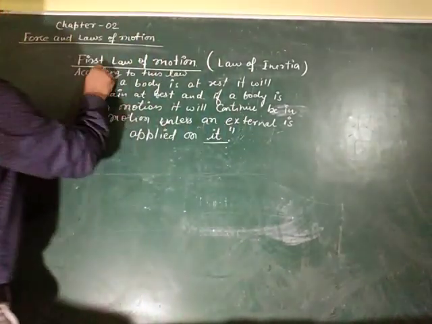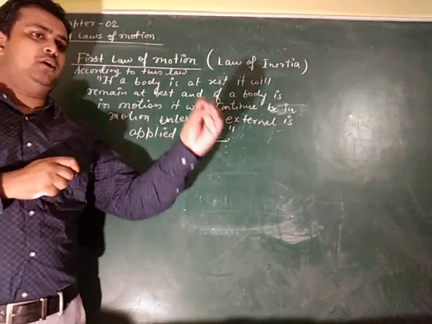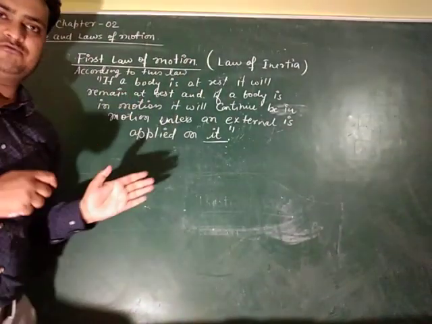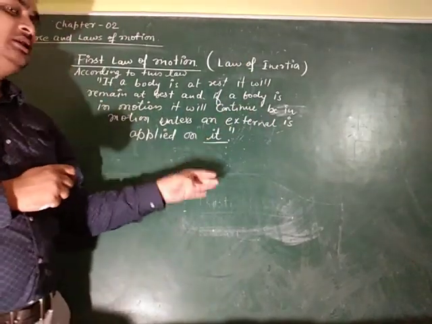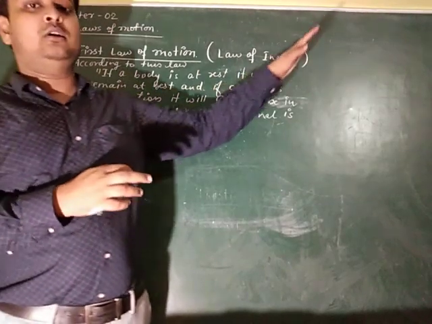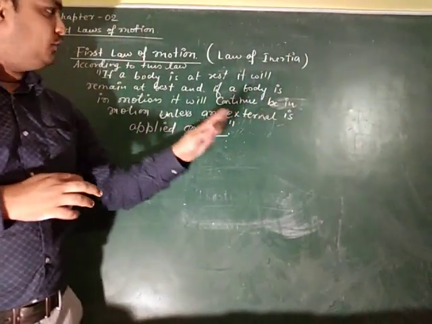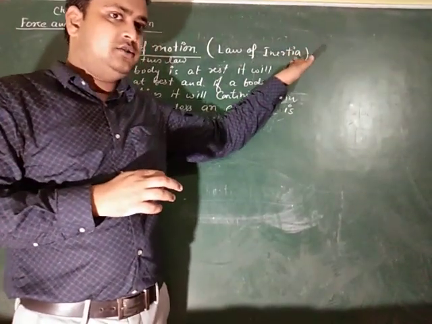This is the first law of motion. If a body is at rest, it will continue to be at rest, and if the body is in motion, it will continue to be in motion in the same direction unless an external force is applied on it. This is the first law of motion, that is also known as the law of inertia.